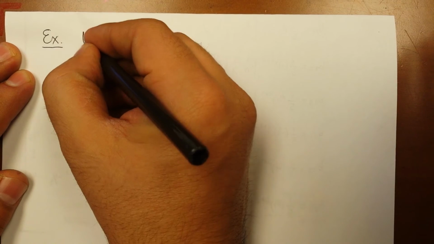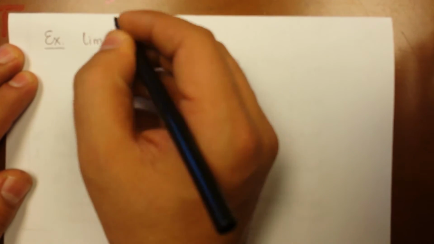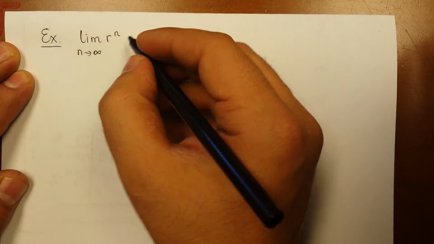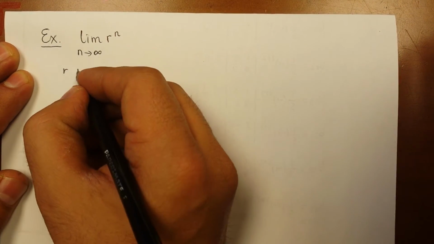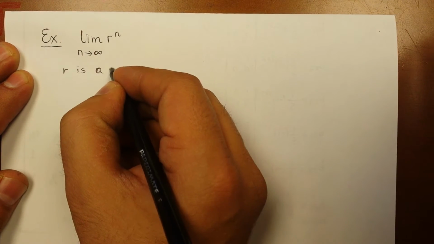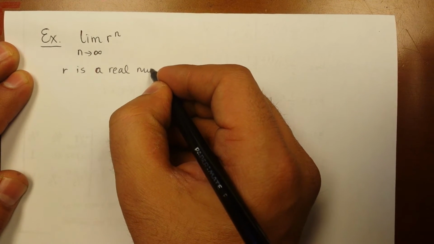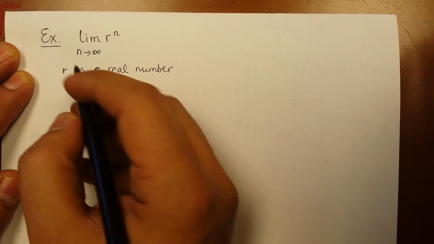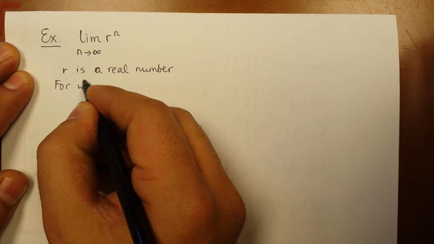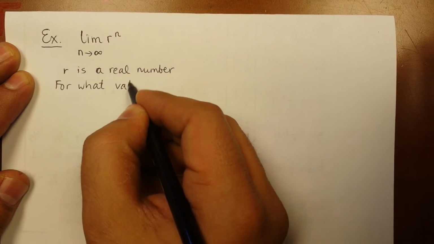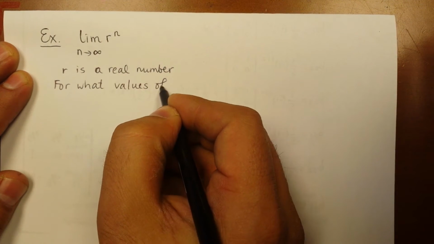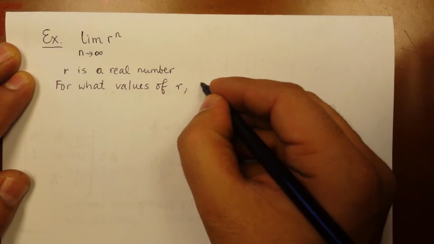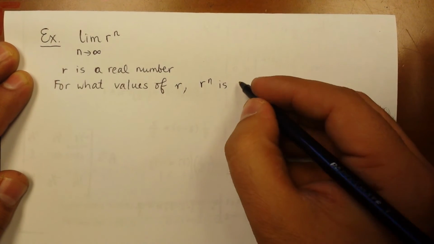We're going to find the limit of r to the n when n goes to infinity, where r is a real number, and the question is: for what values of r is r to the n convergent?